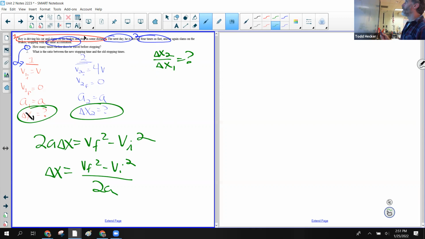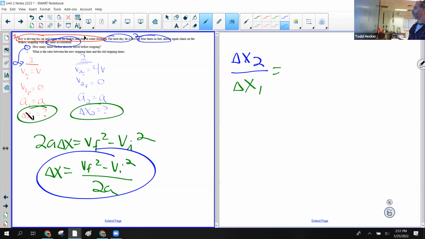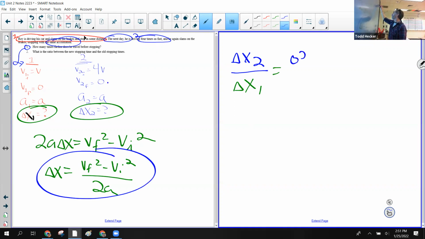Okay, so now what I'm going to do is do this. Again, what I'm trying to find is the ratio between the displacement on day 2 over the displacement on day 1. So on day 2, I'm going to use this equation. Let's see, on day 2, VF is 0. So I'm going to have 0 squared minus, let's see, VI is 4V.